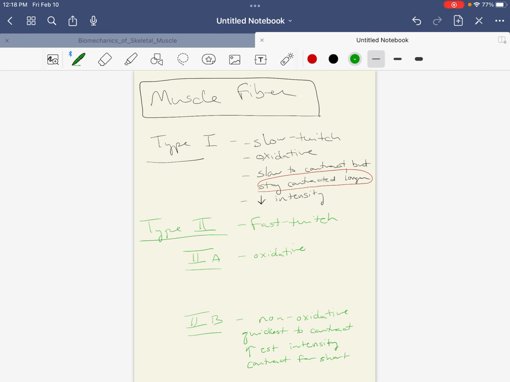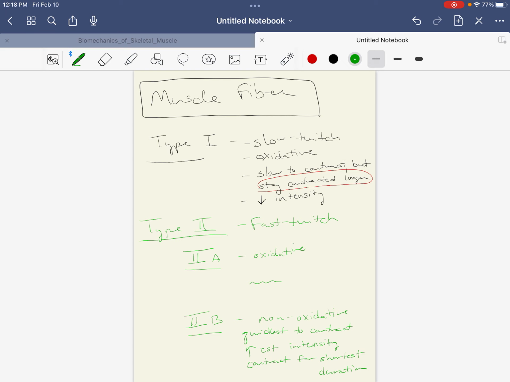Contract for shortest duration. The oxidative will lie somewhere in the middle. Certainly faster than the type 1 slow twitch, but not as fast as the 2B.